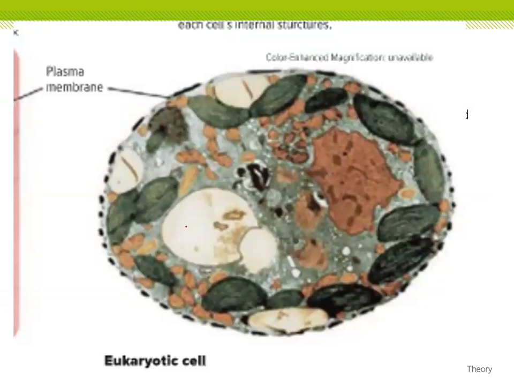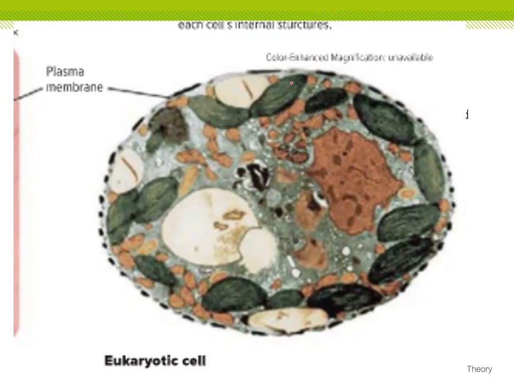Did anyone catch what type of cell this was when you looked in your book? That was on page 185. So this one, it looks like it's a plant cell.